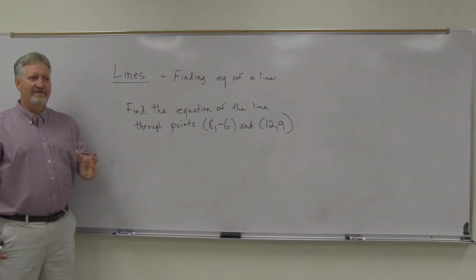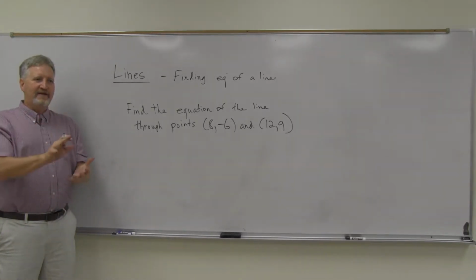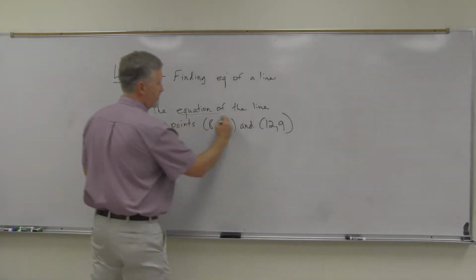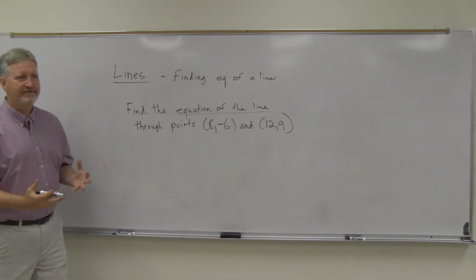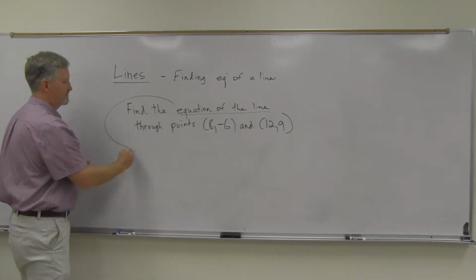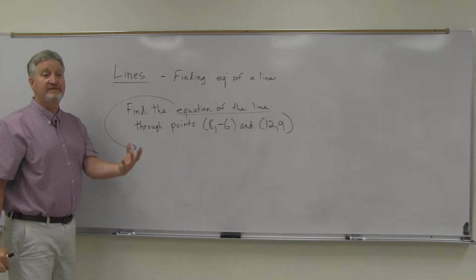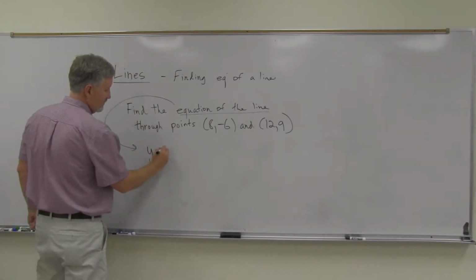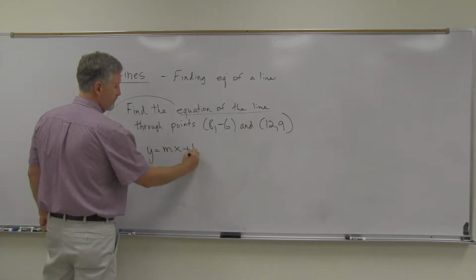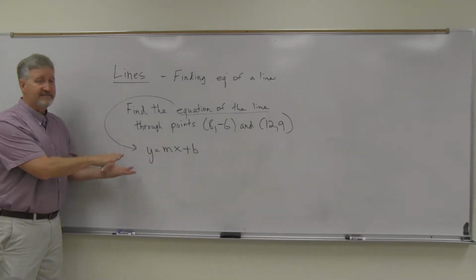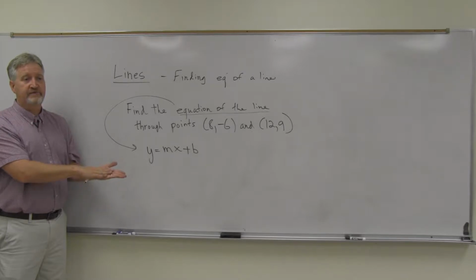So my deal is we're looking for an equation of a line, and typically what we like as the final answer is y equals mx plus b. So that's what I always say. I'm looking for the equation of a line, unless it's a vertical or horizontal line. This is the form I'm looking for, y equals mx plus b.